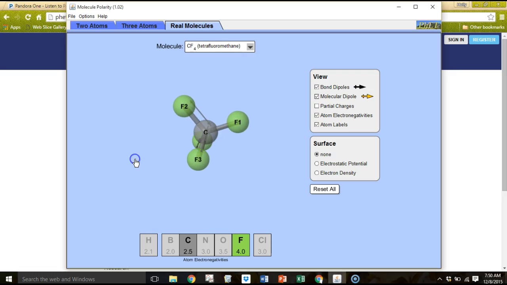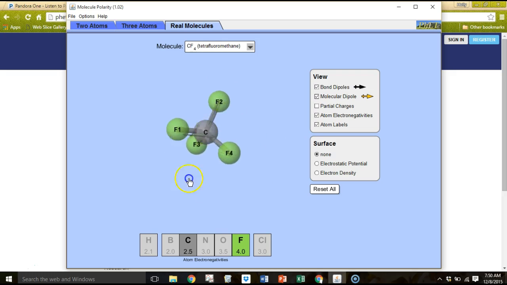But despite the fact that this contains polar bonds, now this isn't in a plane like the trigonal planar, so it's not quite as obvious and easy to see. But again, if we were to add up all these vectors, take physics if you want to know more about that, because these bonds are equally spaced all the way around the central atom, there's no imbalance in that pull on electron density from carbon.